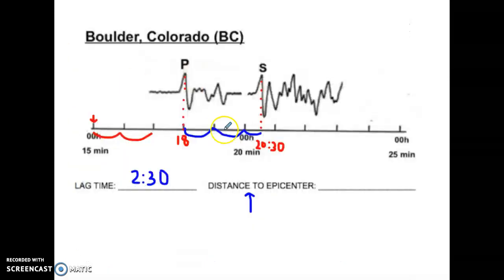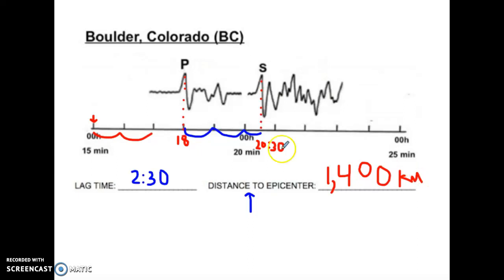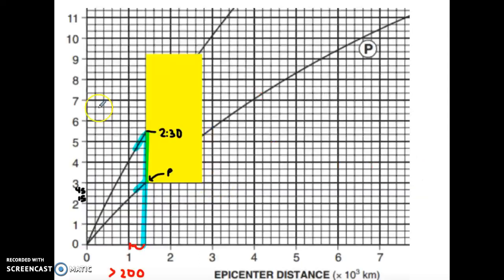So what that simply means is the distance to the epicenter is 1,400 kilometers. So even though Boulder, Colorado is what felt the earthquake, the epicenter of the earthquake is still 1,400 kilometers away. We had to find the lag time in order to use that distance, and that's how we solved that.